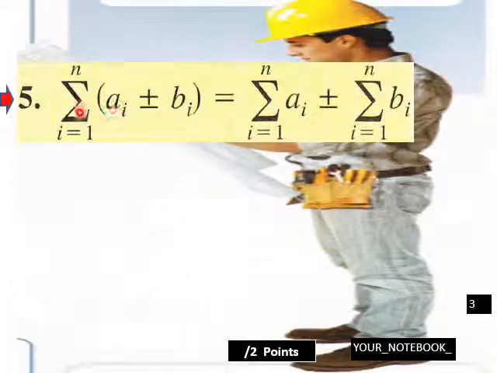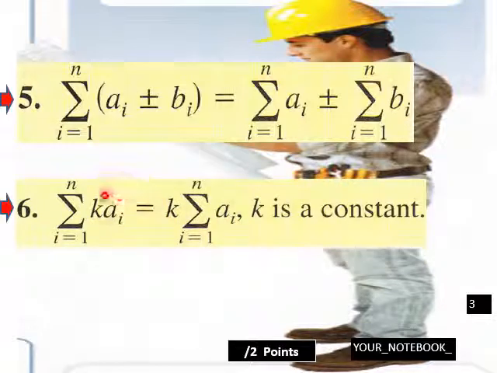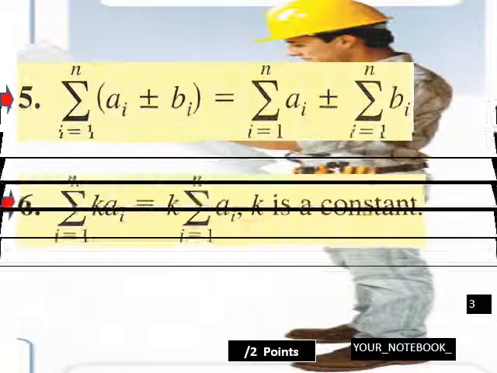Property number 5: the summation from i equals 1 to n of a sub i plus or minus b sub i becomes the summation of a sub i plus or minus the summation of b sub i. Property number 6: the summation from i equals 1 to n of k times a sub i, we bring the k out in front, so it's k times the summation of a sub i, where k is a constant.